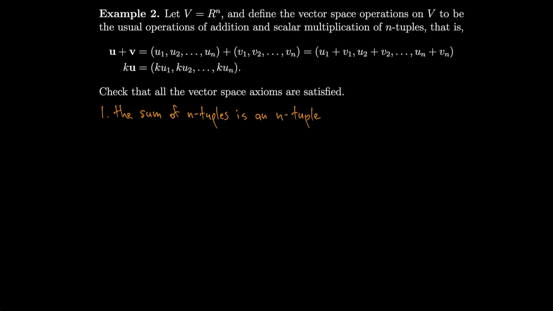Let's skip to 6 because it's basically the same reason. The scalar multiple of an n-tuple is also an n-tuple.